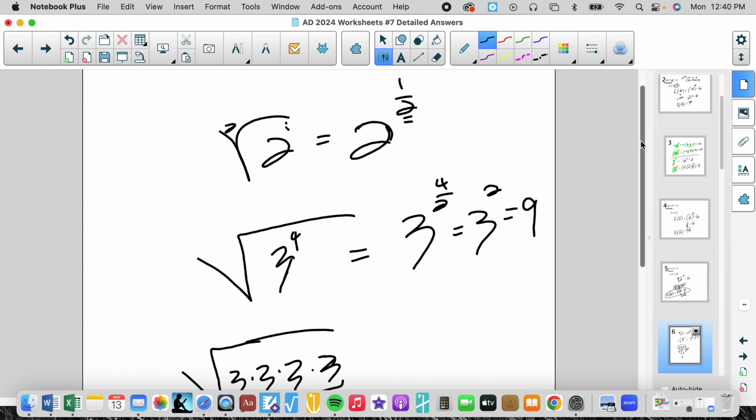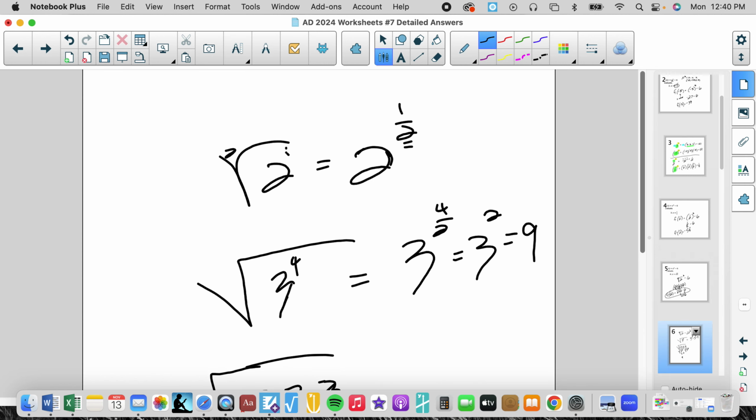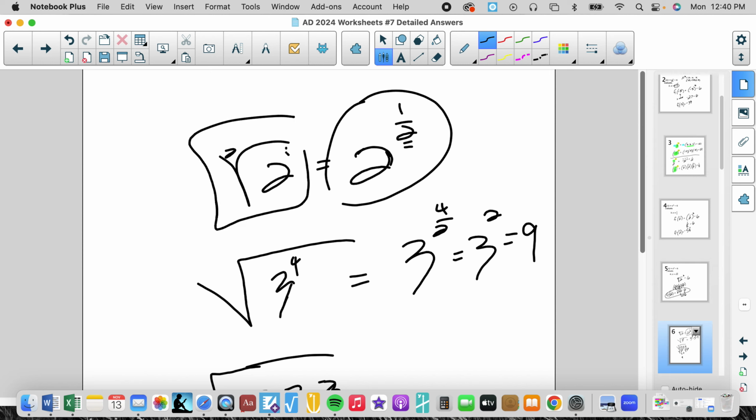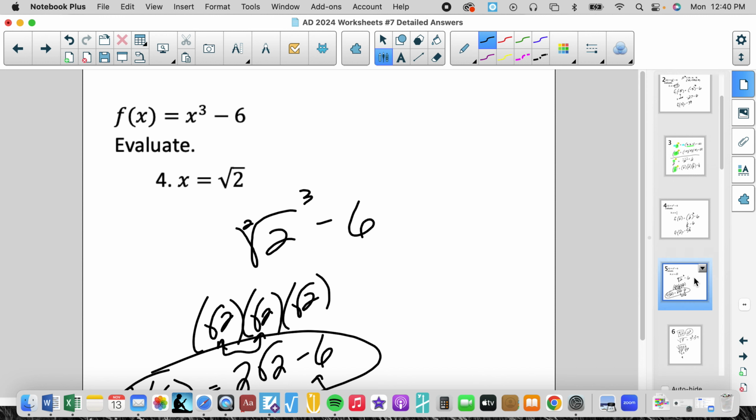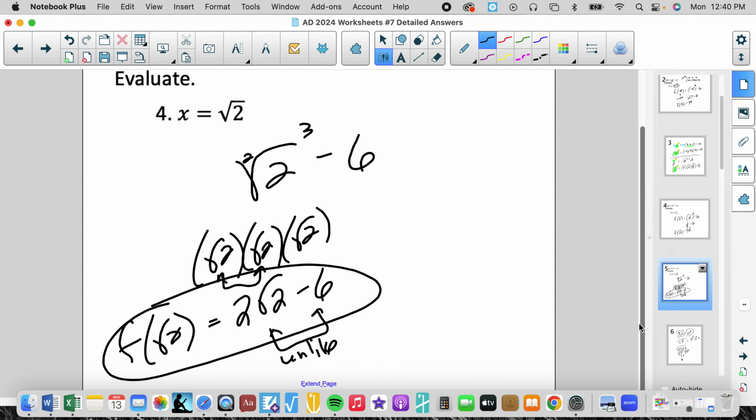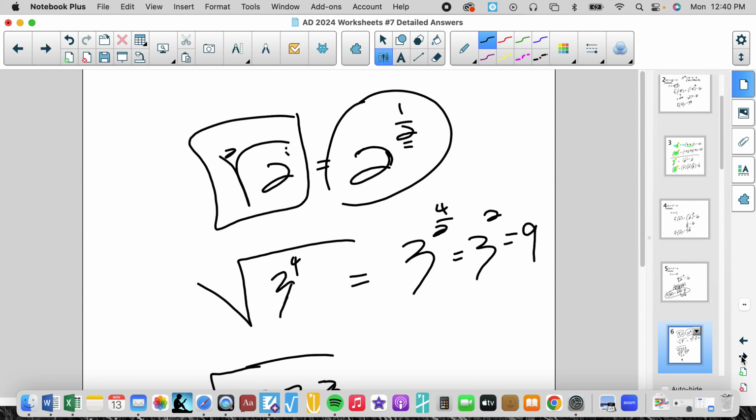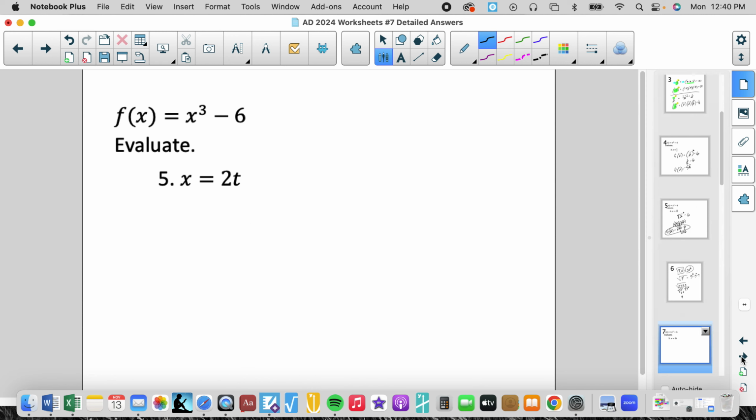So lots of different ways. This would be exponential notation, and this would be radical notation. So when we have the square root of 2 to the 3rd, 2 of those 3 will pop out. One of them will pop out. So that's a real good problem.